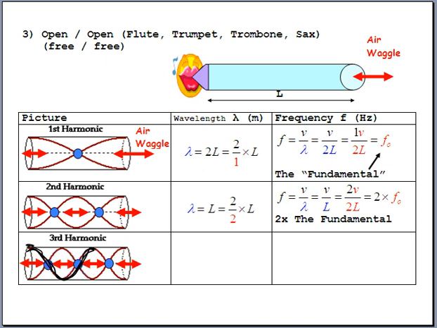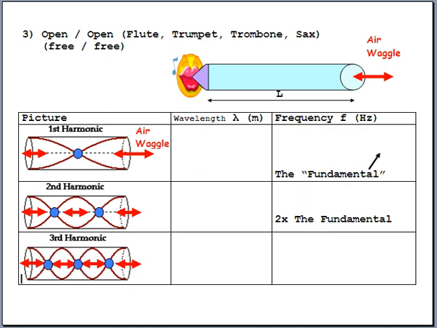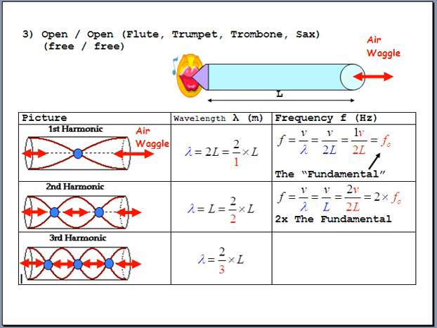In fact, only 2/3 of it. So the wavelength for the standing wave for this note is 2/3 the length of the instrument. Now I'm going to put that 2/3 L in for lambda, and it makes that ugly mess. But if I multiply top and bottom by 3, then I can write that as 3 times V all over 2L.